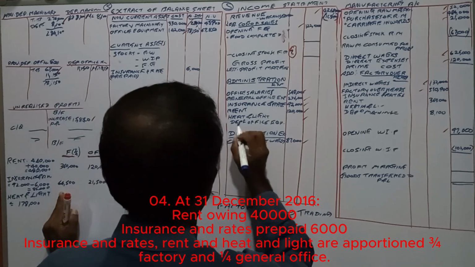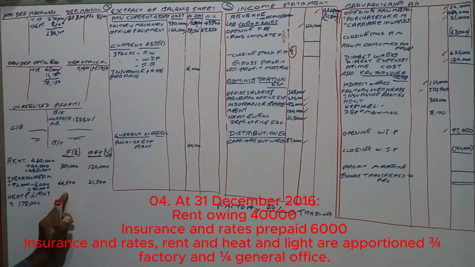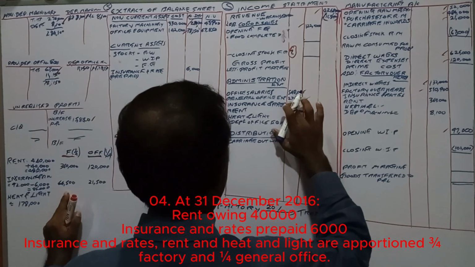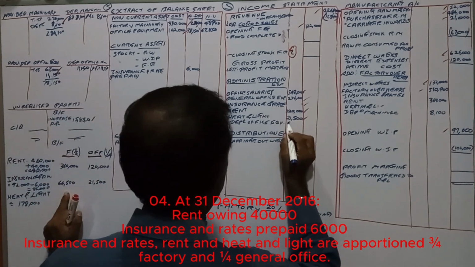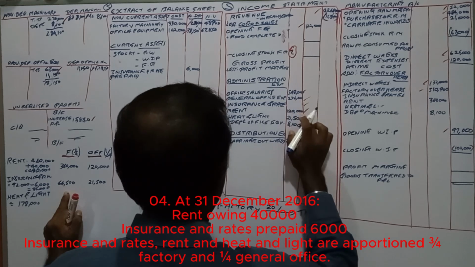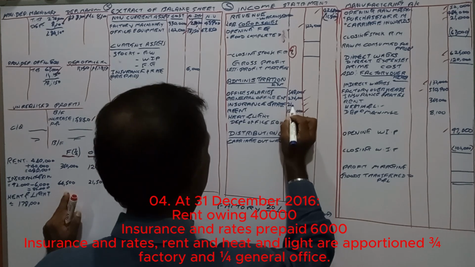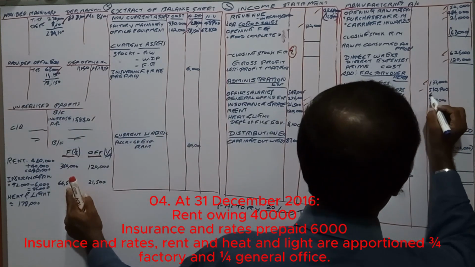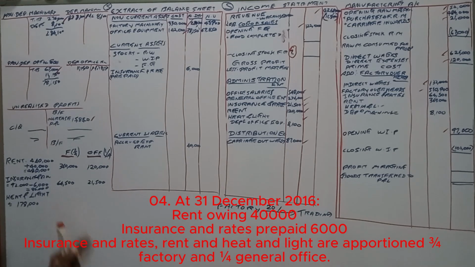Insurance 21,500 for the office and 64,500 for the factory. And heating and lighting 178,000.